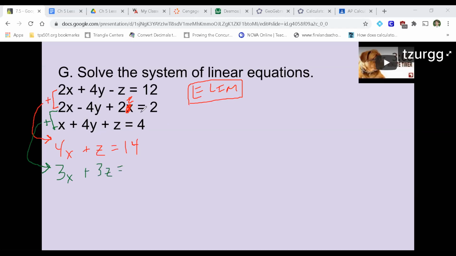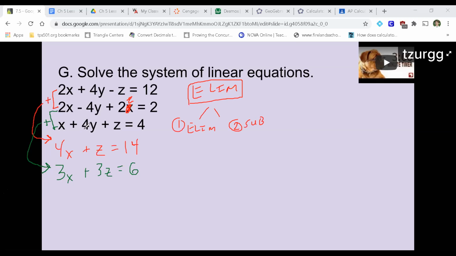And then 4 plus 2 is 6. And so using this to eliminate, we can get down to two equations with two variables. And then you have two options. You can eliminate some more, or you can use substitution method, whichever one you like best.